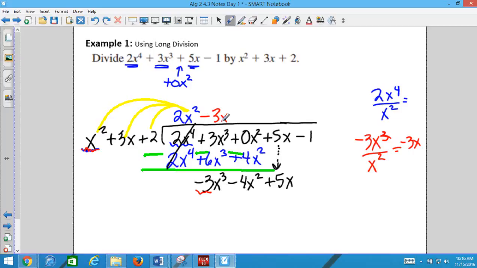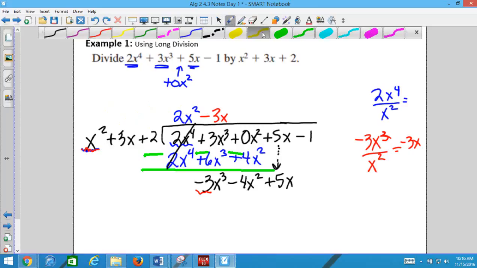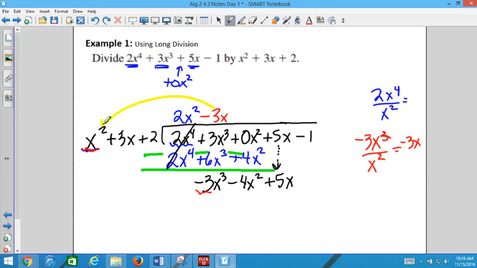And you distribute. Okay, I'm going to move these rainbows. I'm just drawing new ones. So now we're going to distribute the minus 3x into all 3 of those terms.